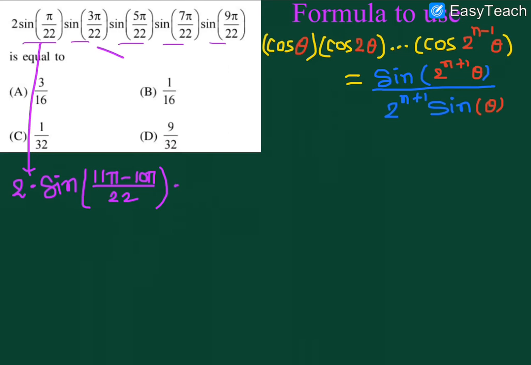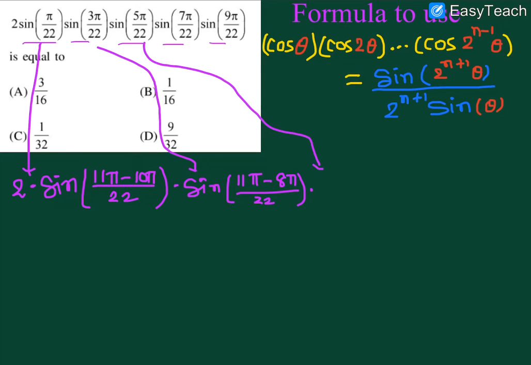Into this particular term can we write as sine of 11 pi minus 8 pi by 22. Then next term we can write sine of 11 pi minus 6 pi upon 22.